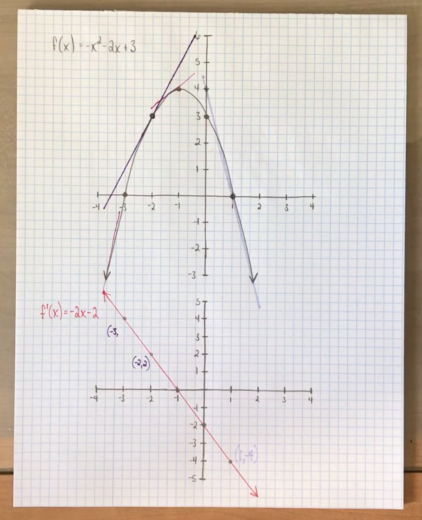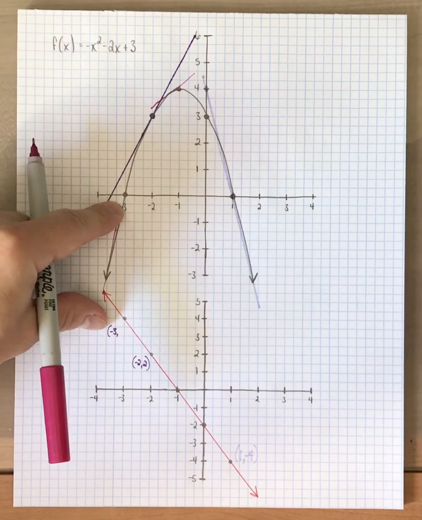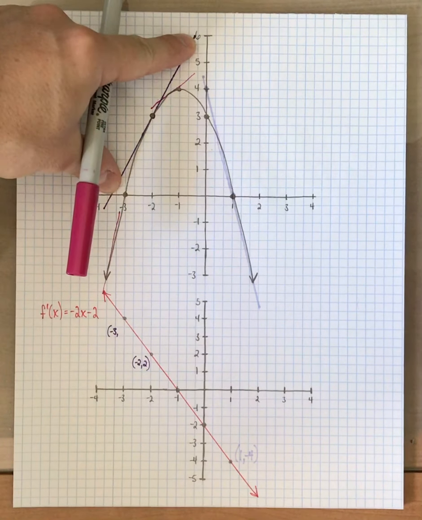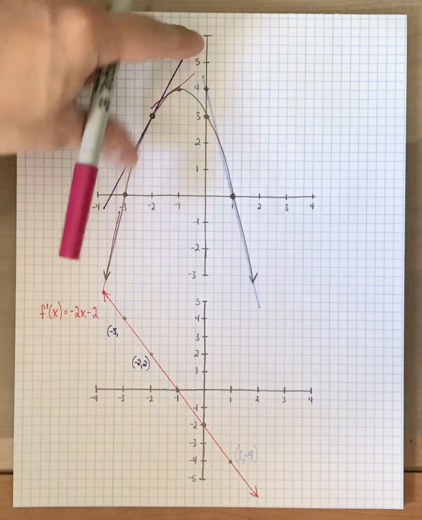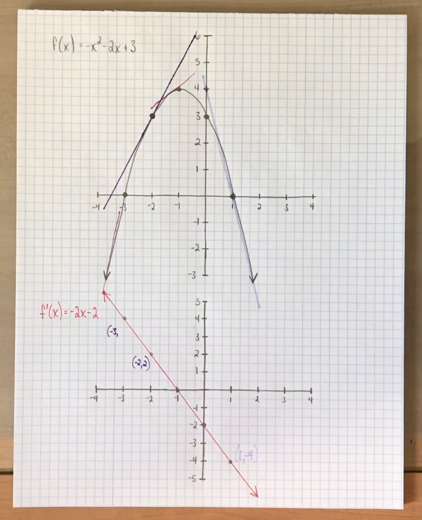Not only would they all have positive slopes, we could see a trend. The tangent line is steepest as we are far to the left. Still steep, but not as steep. And considerably less steep as we go inward towards x equals -1.